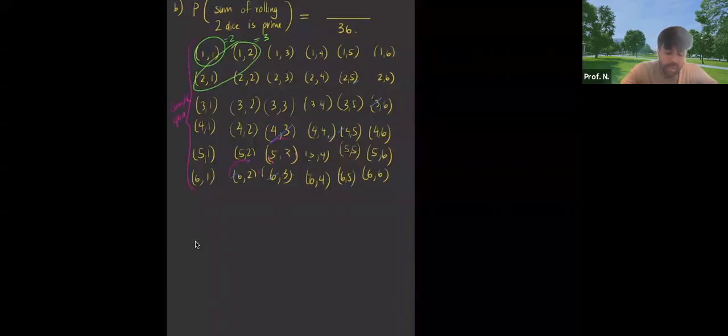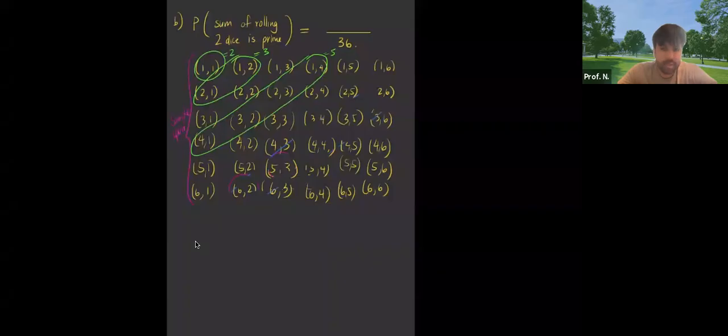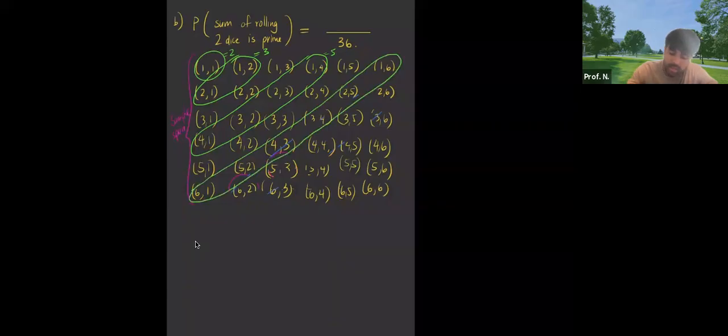And then 1 and 3, 2 and 2, 3 and 1, that's 4. That doesn't work. Then 4 and 1, 3 and 2, 2 and 3, 1 and 4, all of these add up to 5, which is prime, which is what I want. The next diagonal, 6, doesn't work. And then the next diagonal, 6 and 1, 5 and 2, 4 and 3, 3 and 4, 2 and 5, 1 and 6, all of these outcomes add up to 7.